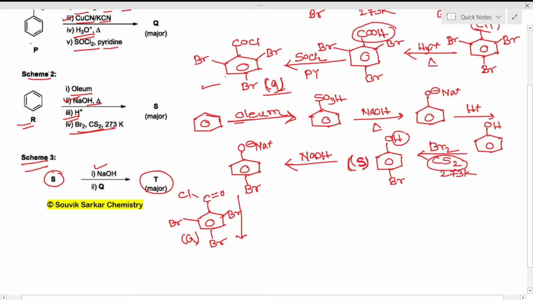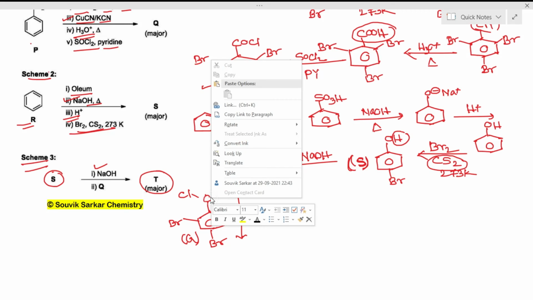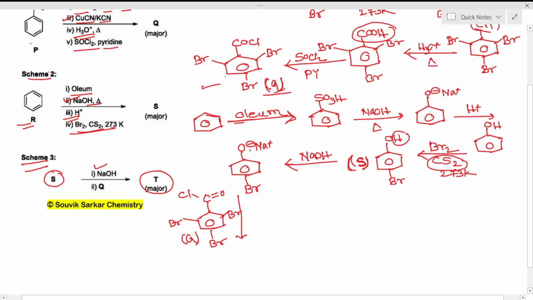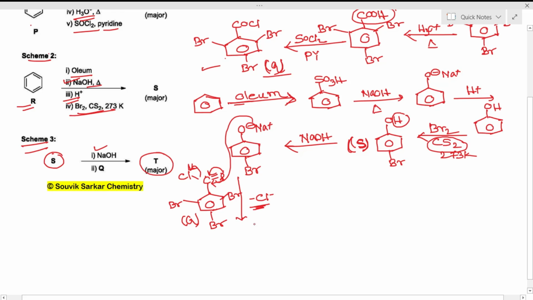We know that this carbon is an electrophilic center, so this O minus will act as a nucleophile and attack this electrophilic center. This bond will break and the chloride will be liberated. So Cl minus will be liberated and act as a leaving group. So it will form this compound.